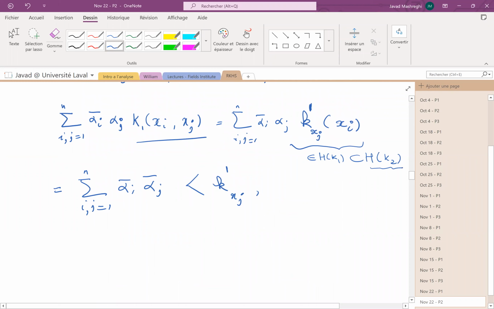So I consider it as an element of the second space, a function evaluated at point xi. So I can write k2 at point xi in the second space. That's the trick.